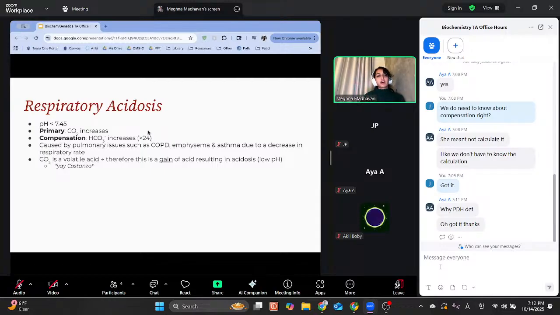Next, respiratory acidosis, again caused mostly by COPD and asthma, because there's a decrease in your respiratory rate, you're trapping the CO2 inside your body. I didn't really understand this when we learned it in biochem last year until I realized that CO2 is a volatile acid. So basically you're gaining acid, which then results in acidosis.